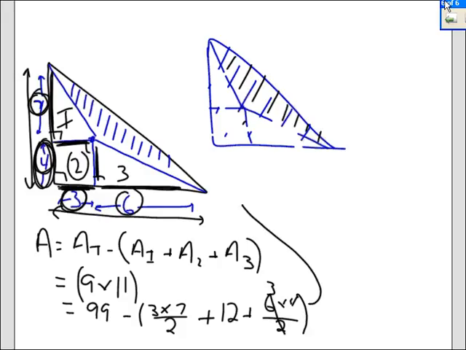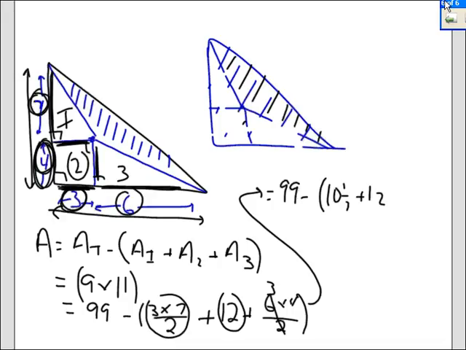So the final answer will be 99 minus 21 over 2 is 10.5 plus the 12 plus another 12.